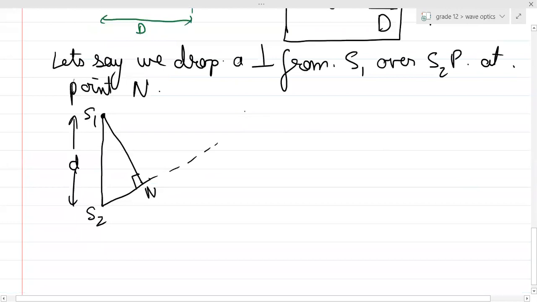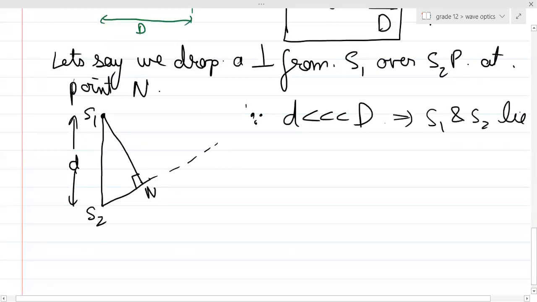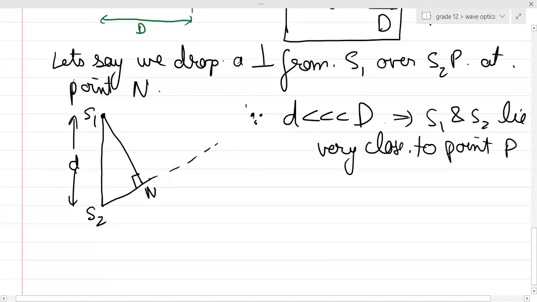Yes or no? Since d is much less than D, that implies S1 and S2 lie very close to point P, and to each other as well. Point M and each other as well, right? M will be somewhere over here.